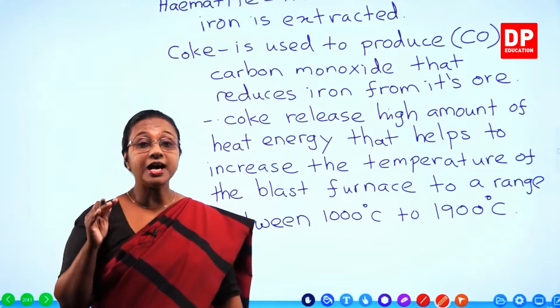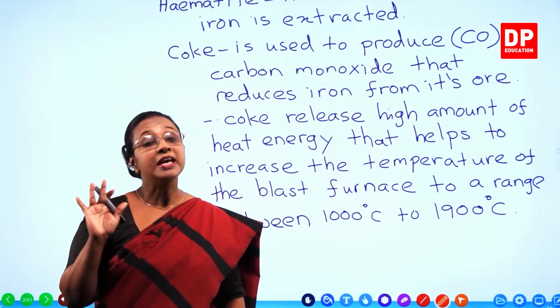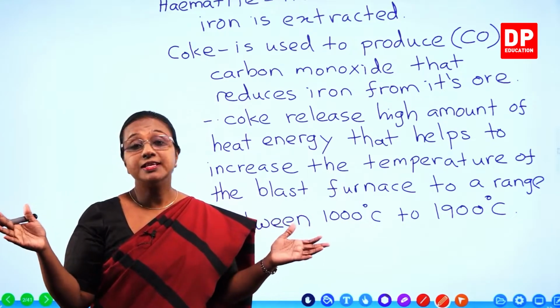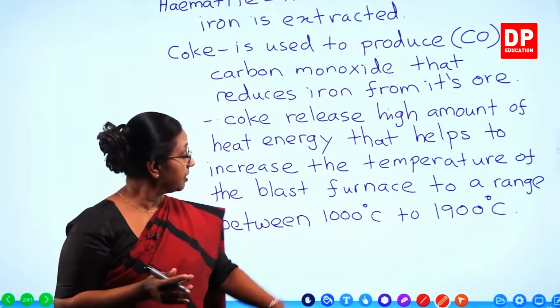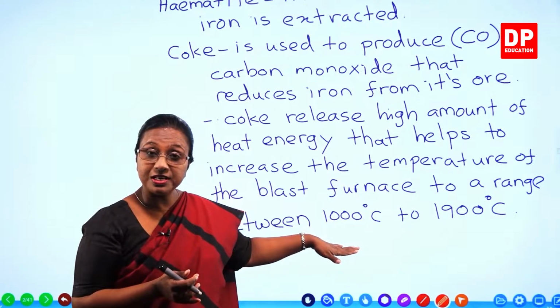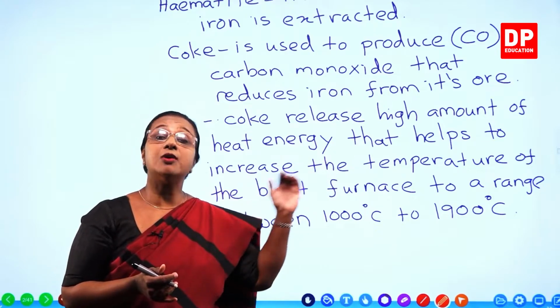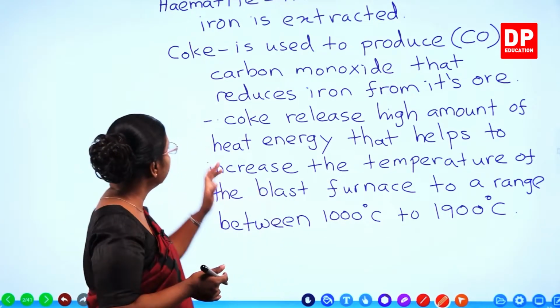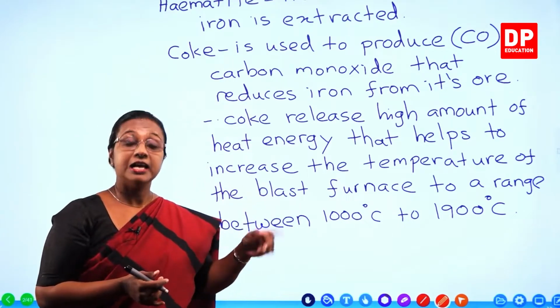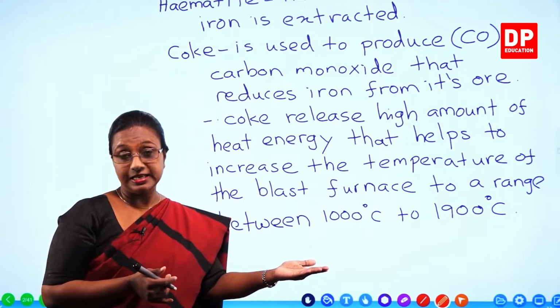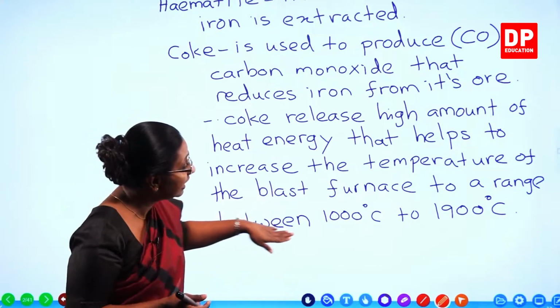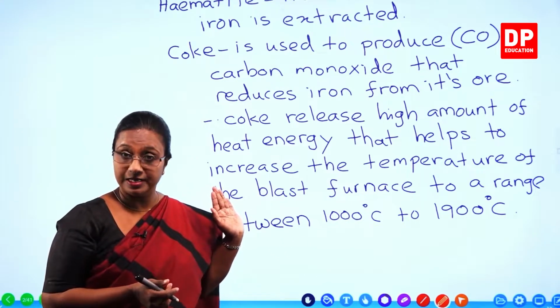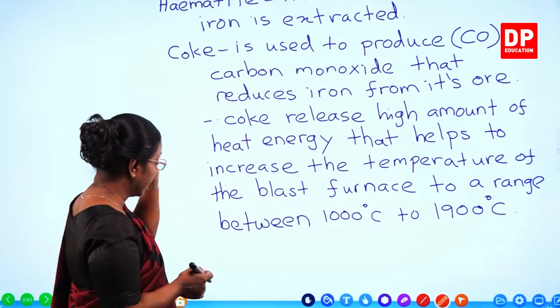Because the hot air that is blown in from the bottom, it has a temperature about 650 degrees Celsius. But the temperature inside the blast furnace is between 1000 and 1900 degrees Celsius. And that is achieved when coke burns in air. It releases lot of heat energy. So, that helps to increase the temperature of the furnace. So, you all have to remember that, coke.